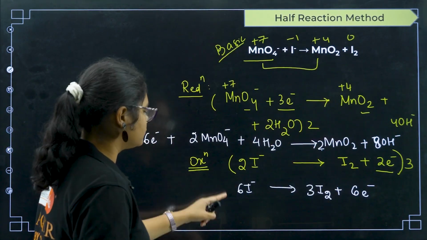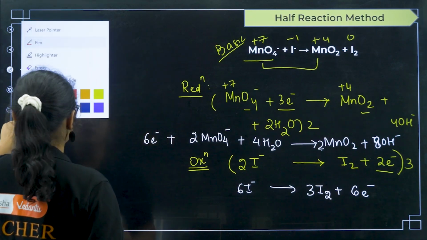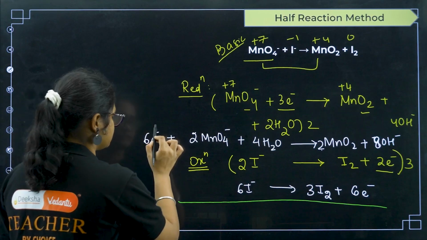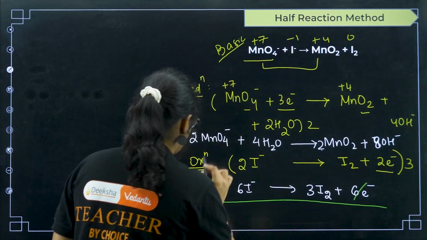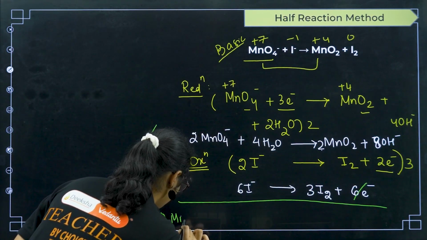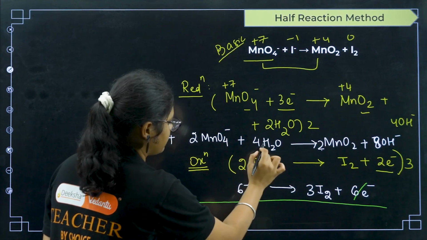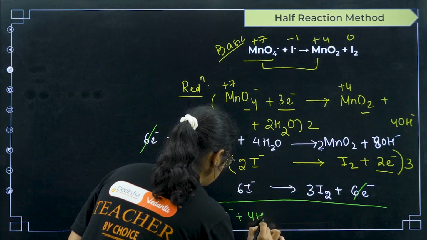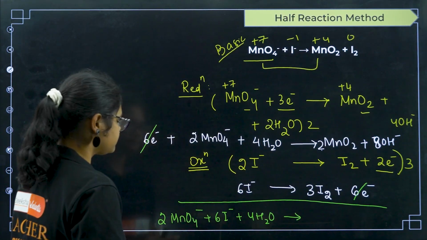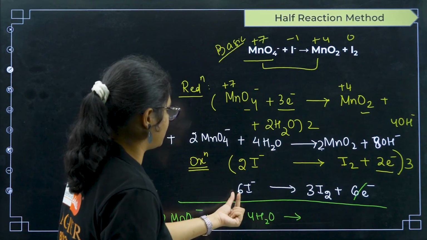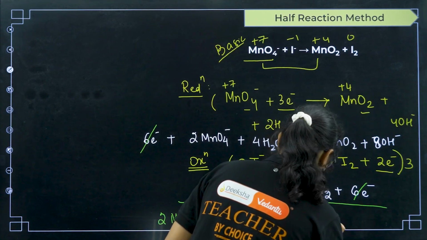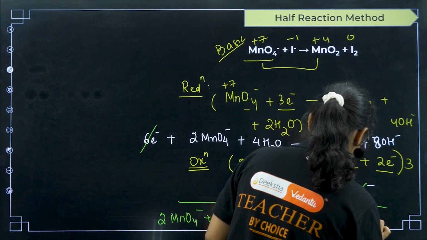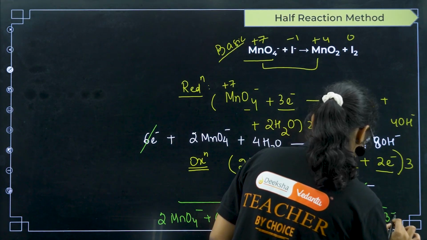Now you need to add both of these reactions to get the final equation. So I'll cancel this one and this one. If I add this one, I'll get 2MnO4 minus, okay, then I will get 6I minus plus 4 water, then I'll get 2MnO2, okay, plus 8OH minus plus 3I2, okay.